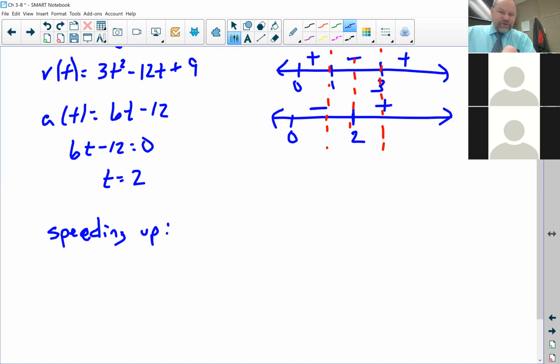So from 0 to 1, velocity is positive, acceleration is negative. So it's not speeding up. From 1 to 2, velocity is negative, acceleration is negative. There it is speeding up. So that would be one interval where it's speeding up. From 2 to 3, velocity is negative, acceleration is positive, not speeding up. From 3 on, they're both positive.